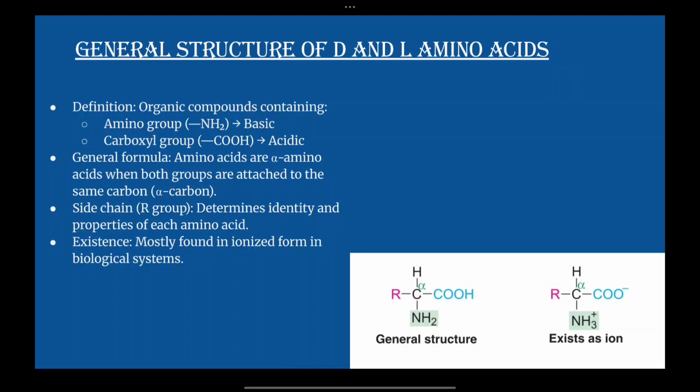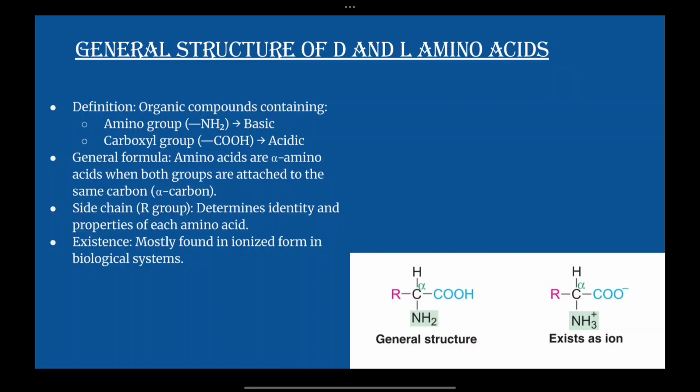Since we have seen the general formula of an amino acid, wherein you have a central carbon atom and surrounding it the amine group, a carboxylic group, a hydrogen atom and an R group, this is how the general structure of an amino acid looks.